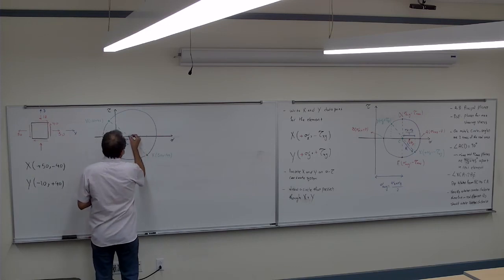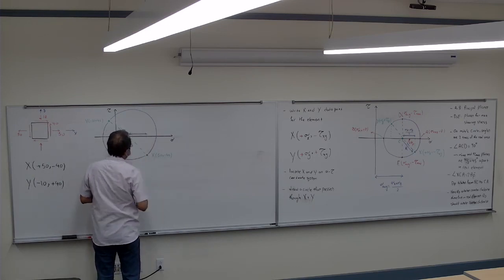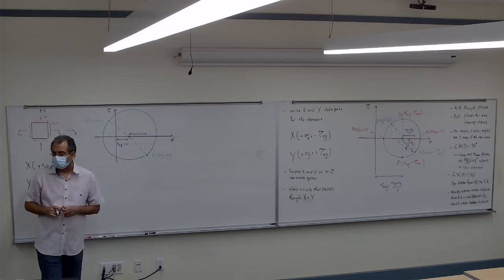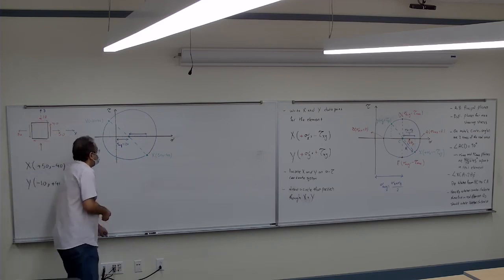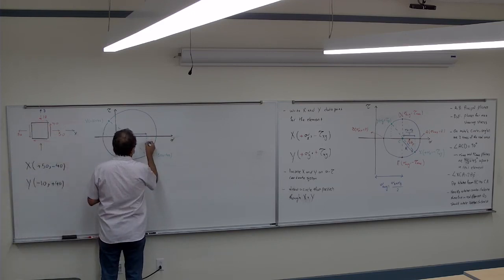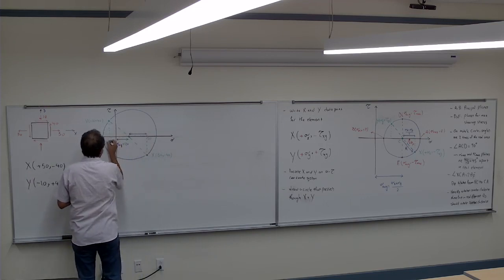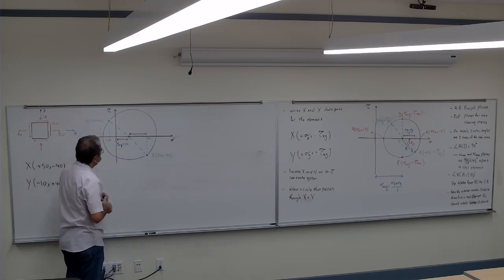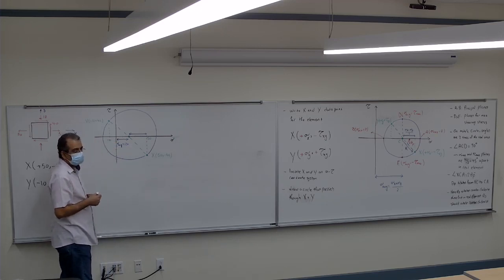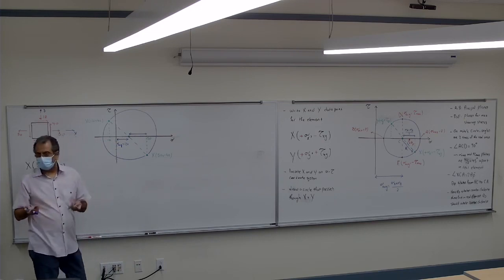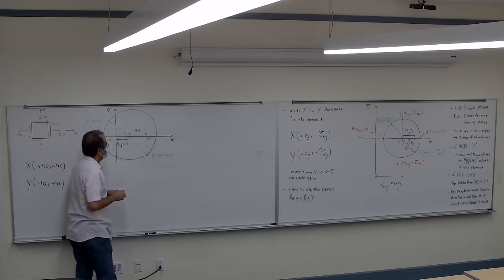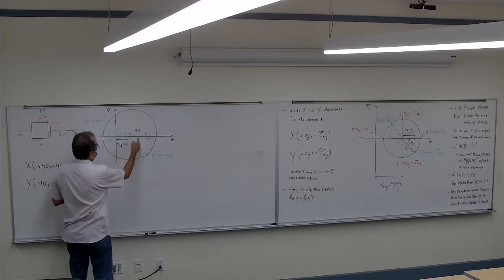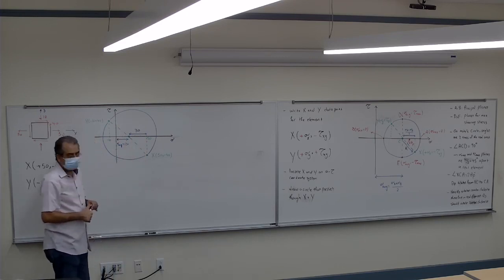So what's this distance? I know that this is 50, and this is minus 10. That's going to be how much? 30. However you calculate it, it's 30, correct? If this is 0 and it's 20 and it's 50, that should be 30.